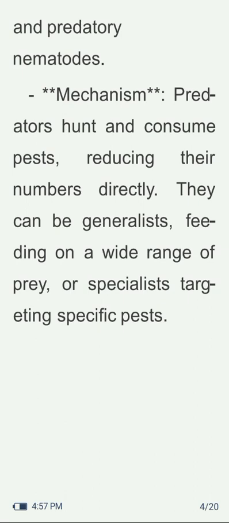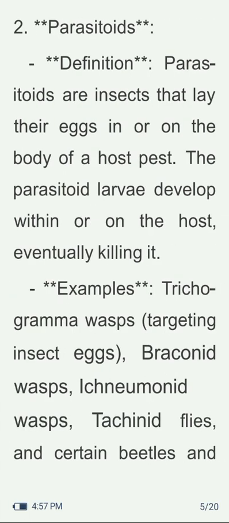Mechanism: predators hunt and consume pests, reducing their numbers directly. They can be generalists, feeding on a wide range of prey, or specialists targeting specific pests. And parasitoids. Definition: parasitoids are insects that lay their eggs in or on the body of a host pest. The parasitoid larvae develop within or on the host, eventually killing it.